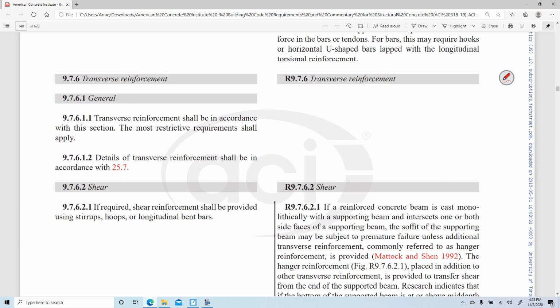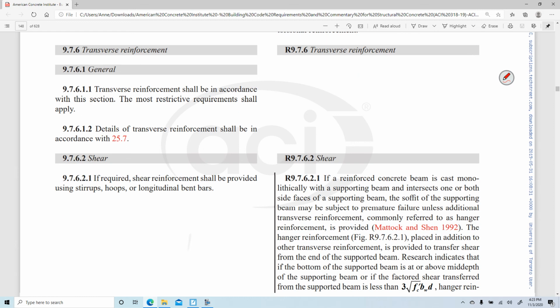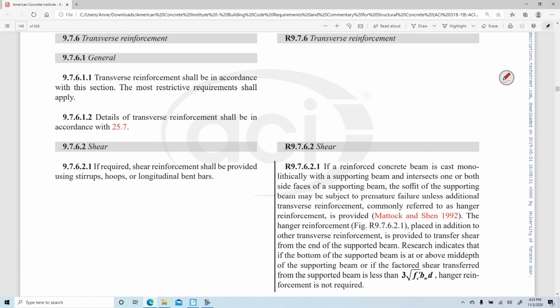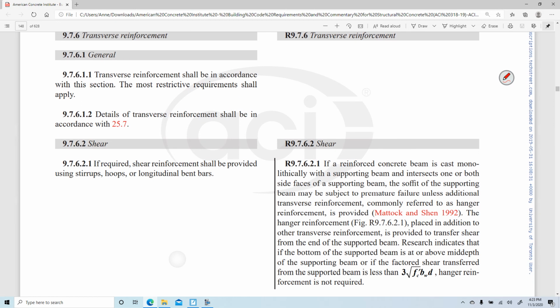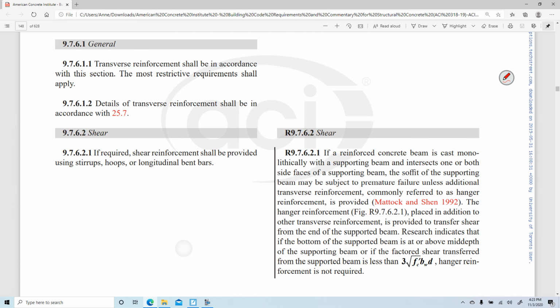Now we have transverse reinforcement. That is shear generally, right? If required, shear reinforcement shall be provided.